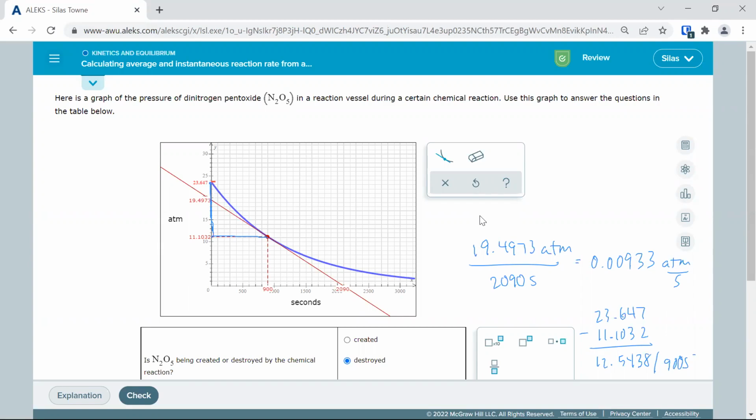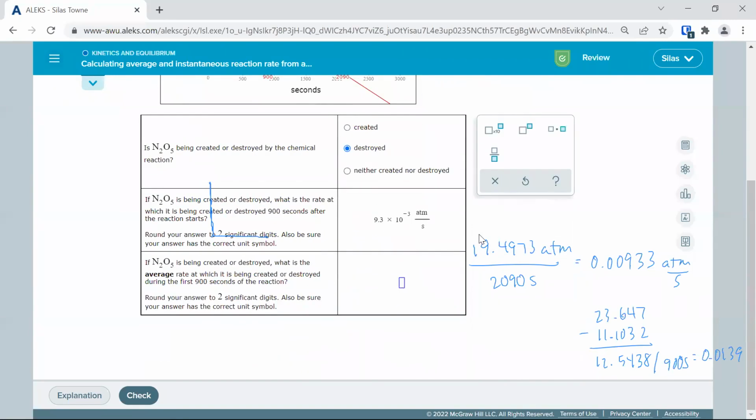So we get 0.0139, and again, it asks for 2 significant digits, so I'm going to say 1.4 times 10 to the negative 2, and again, atmospheres per second.